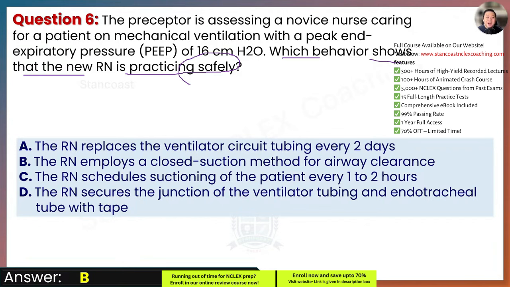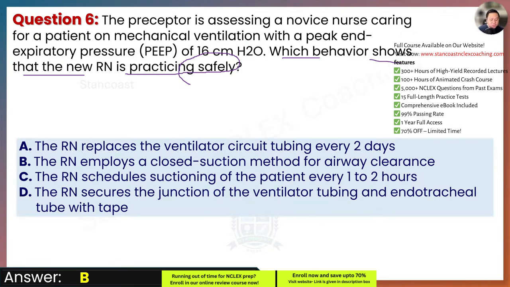Now, the positive end expiratory pressure is a crucial ventilator setting that will help keep the alveoli open. It will improve oxygenation, and it will also prevent lung collapse. And normally, the PEEP should be around 5 cm water.